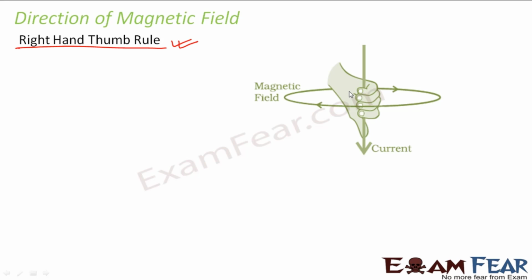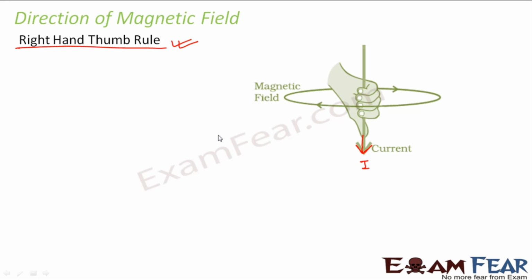So here you can see that if your thumb points in the direction of current, flowing through a straight current carrying conductor, then since your fingers are all curling in this direction, there is a magnetic field along this direction. That means the magnetic field is present around this wire in the form of concentric circles in a clockwise direction, right?